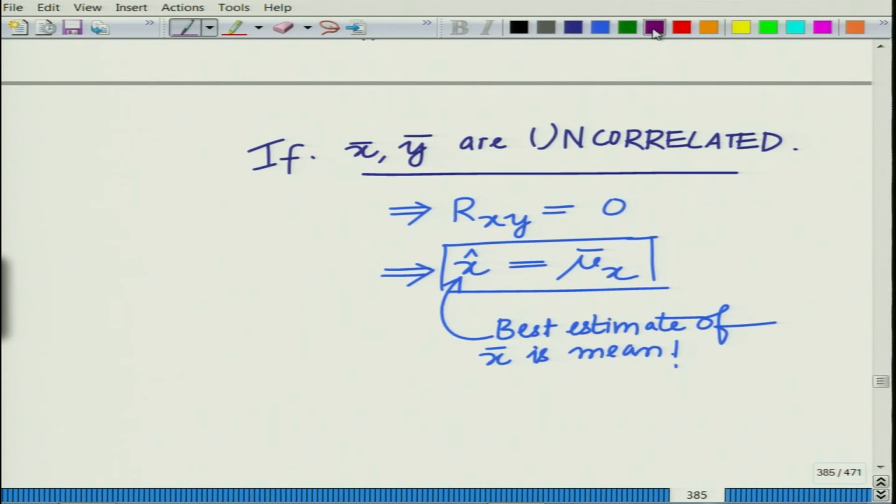Because y bar does not convey any additional information about x bar, since the cross correlation r x y equals 0.